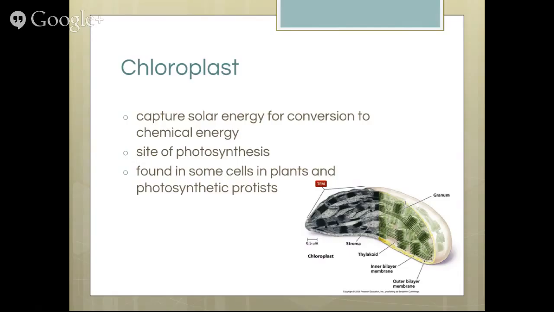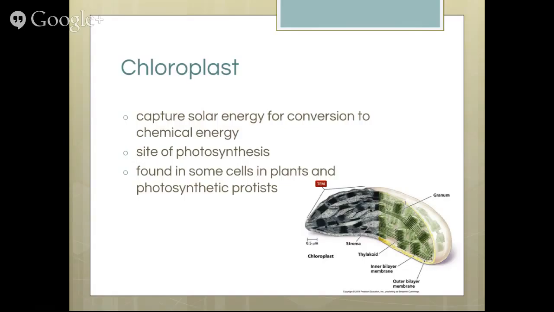But the thing you do need to remember is that not all plant cells have a chloroplast. If you think about this, it makes sense. Chloroplasts are the organelles that take sunlight and convert it into sugar. What parts of a plant don't get sunlight? Things like the roots, the internal cells, especially like in a tree, the cells that are under the bark, they don't get sunlight, so they're not going to have chloroplasts.